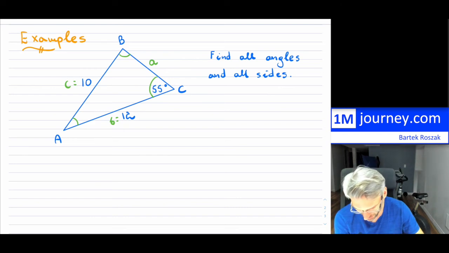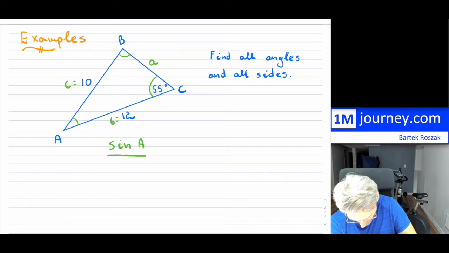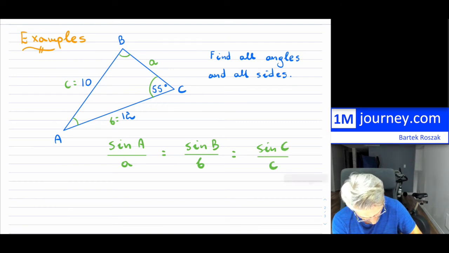And so, remember, our sine law says that we have sine of, for instance, the angle A divided by A itself, which is the side, is equal to sine of the angle B divided by B, and then the sine of C divided by C. So that's the sine law.